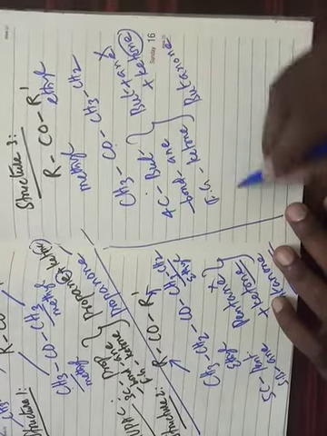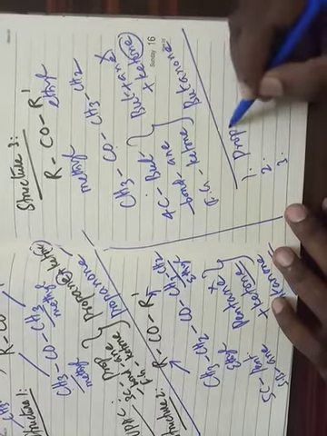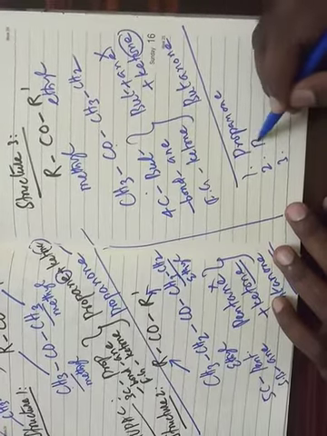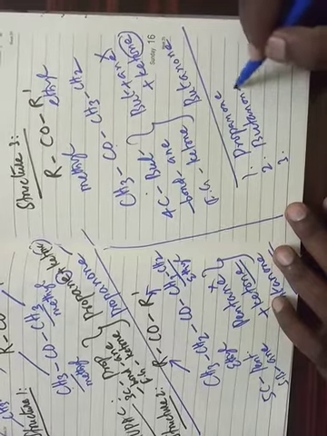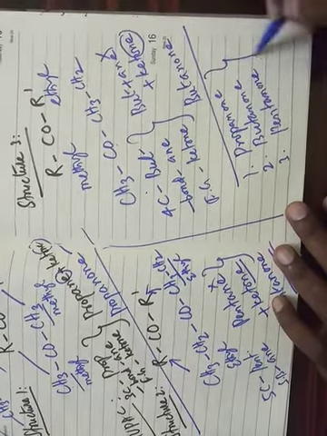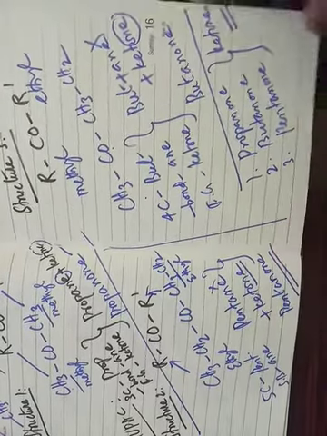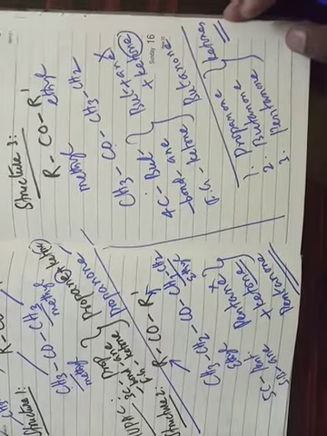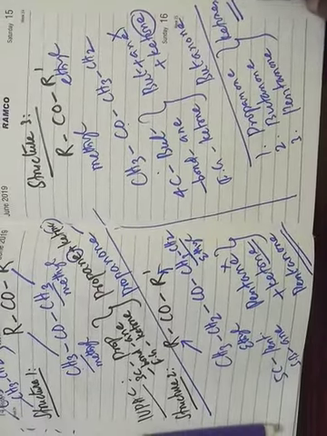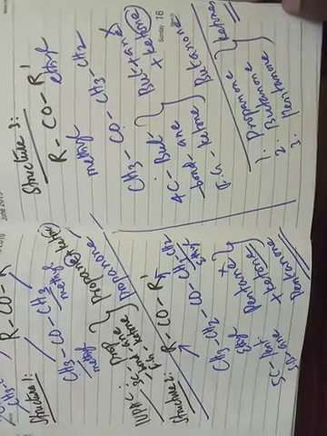Butanone. So generally the 3 structures: one is propanone, second is butanone, third is pentanone. I hope these are the 3 important structures of ketones. I hope you understood. Please try at home. Then only you can easily understand this concept and easily draw these structures.